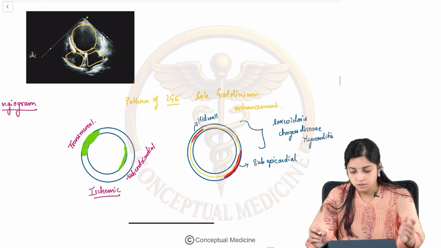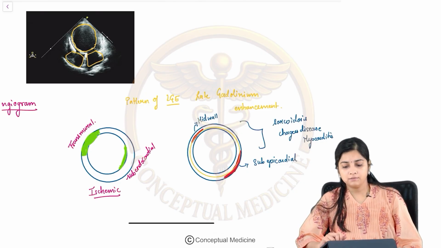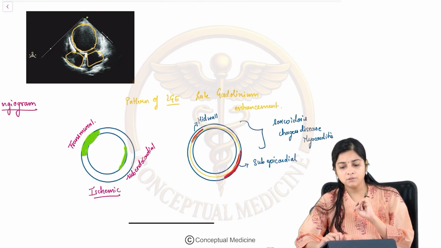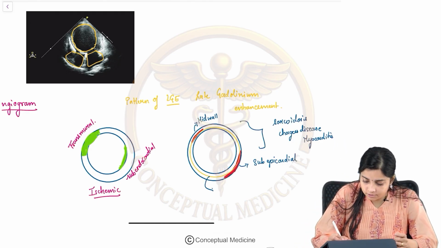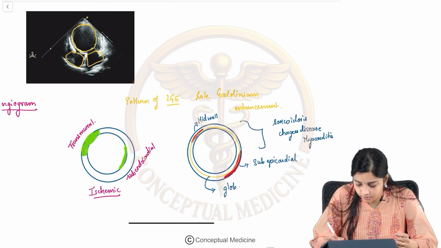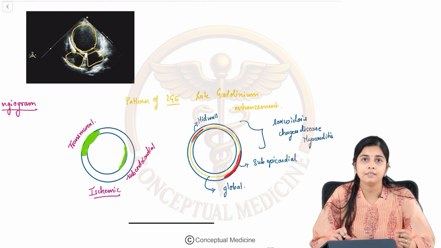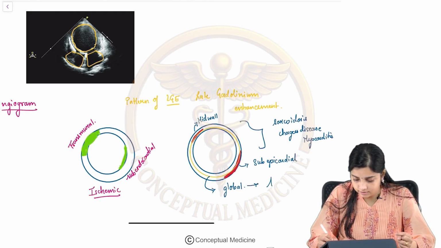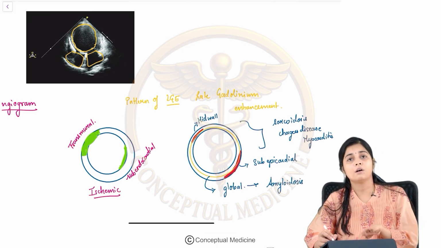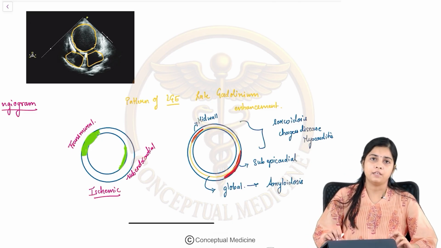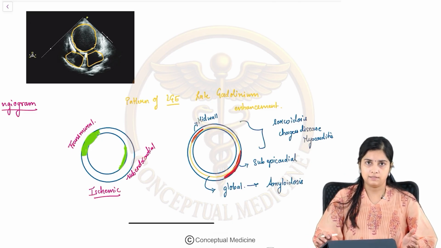So, mid-wall and subepicardial involvement is suggestive of sarcoidosis, Chagas disease and myocarditis. Now, if you have a global pattern of late gadolinium enhancement, this is seen in amyloidosis. So, this is how you use cardiac MRI to find out the etiology of DCM.